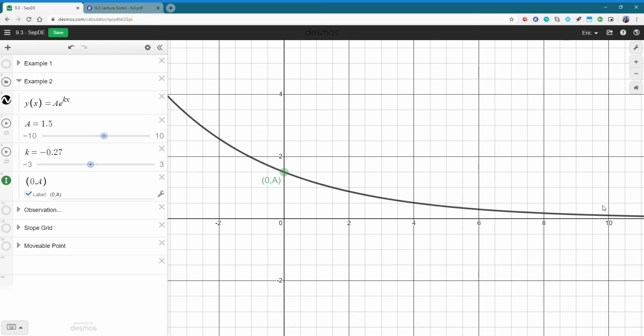And this can be the case if you're studying radioactive dating methods and things like that. If you have radioactive decay going on, this sort of model is used where you have a radioactive isotope that has a half-life and so on.